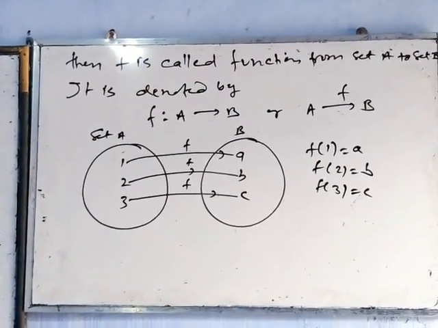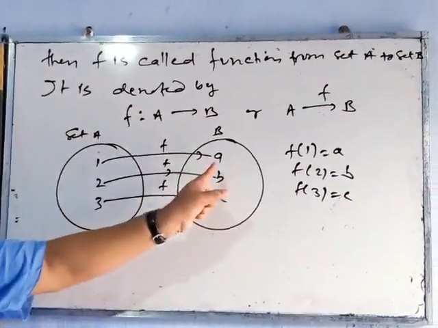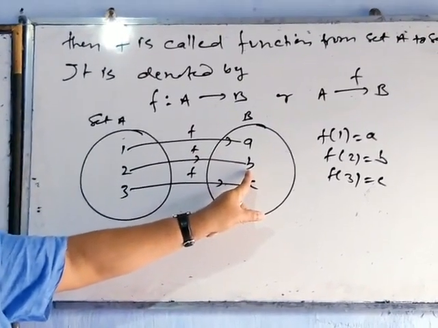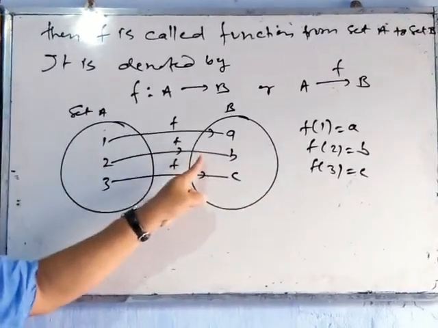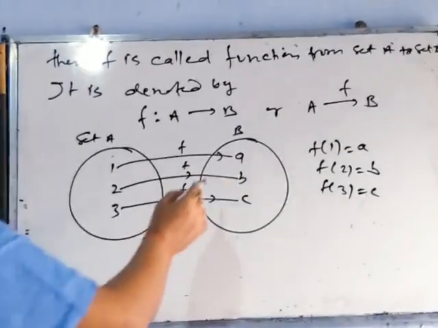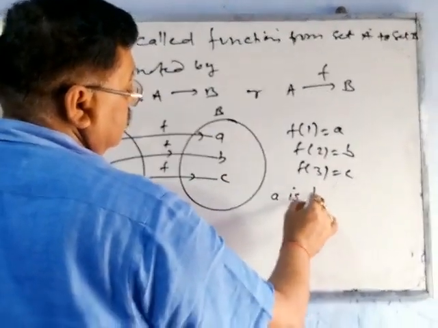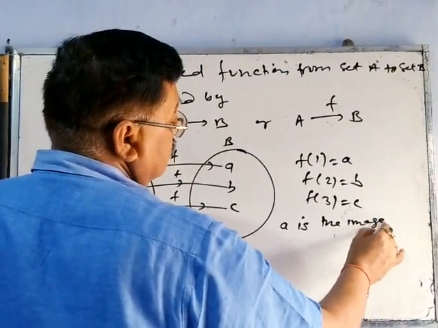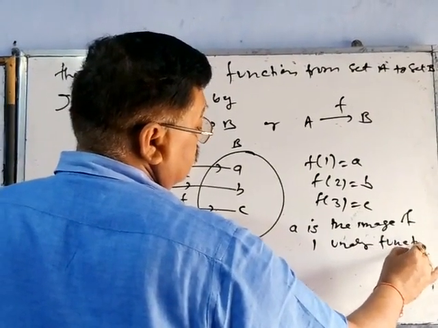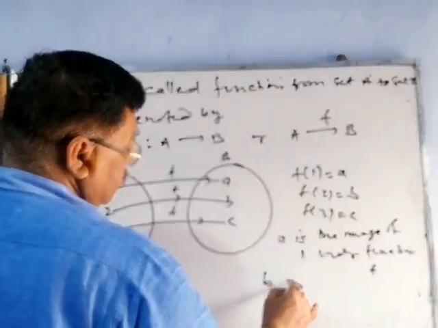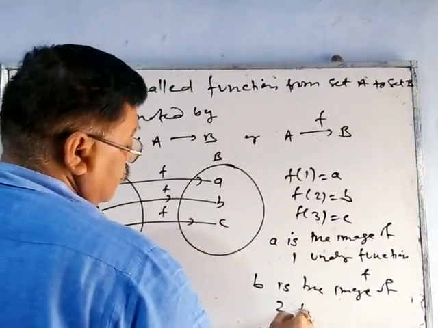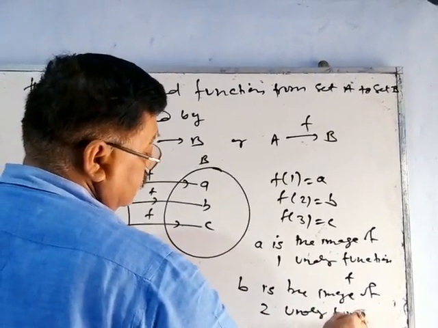Here we can say, students, a is the image of 1 under function f, b is the image of 2 under function f, c is the image of 3 under function f.